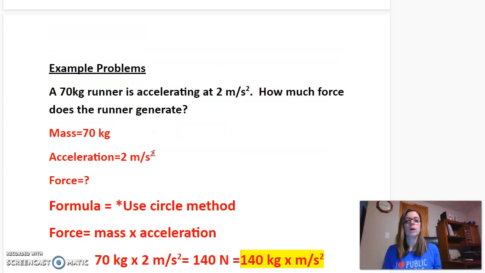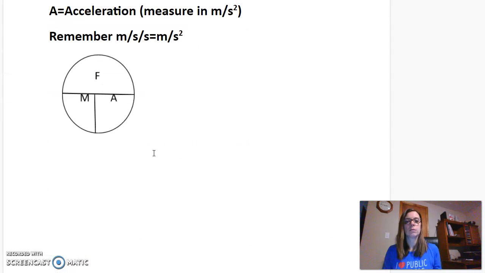So if I go up to my circle again, and we cover up acceleration, because that's what we need to find, these letters are on top of each other. So that means we have to divide to find the answer. We're going to take the force divided by the mass.